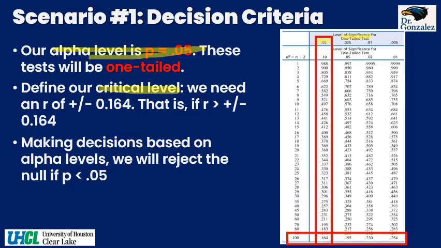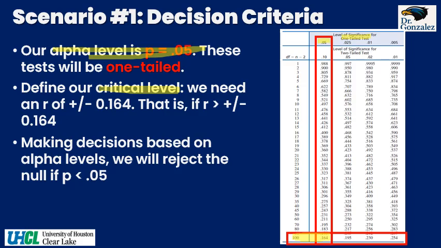So there were 100 participants in the study, and 100 minus 2 is 98. So I'm going to round back up to 100 here. So there is my critical value, 0.164. So anything above that or anything below negative 0.164 is going to be significant.